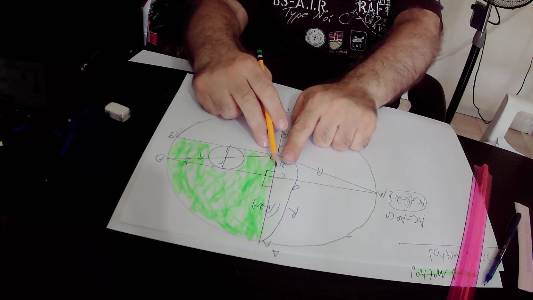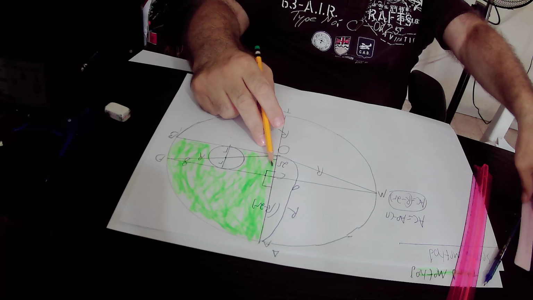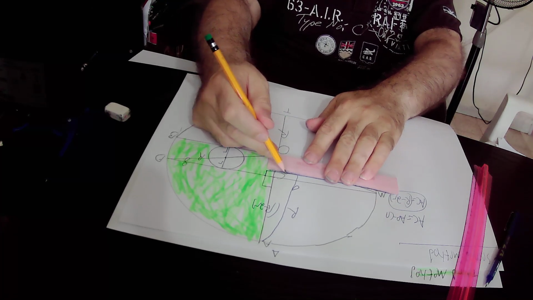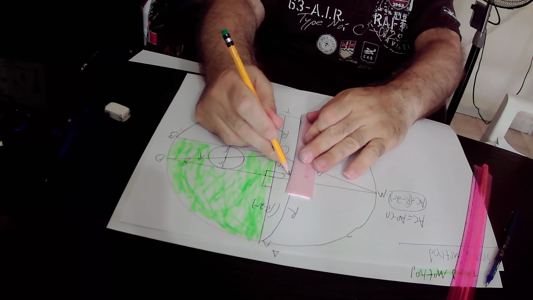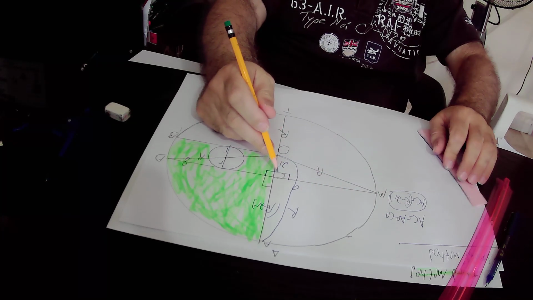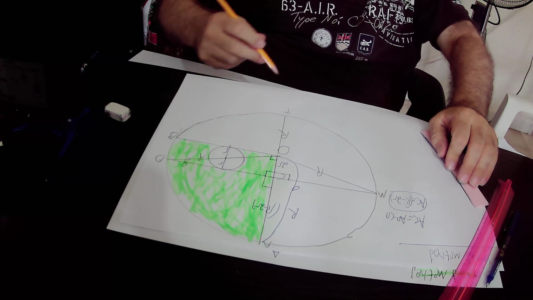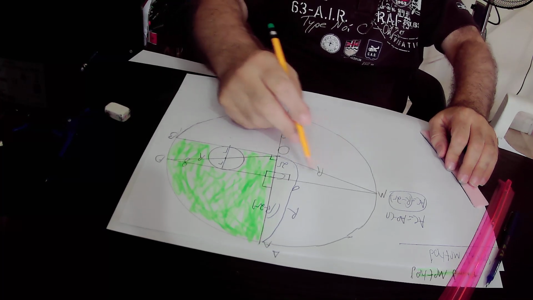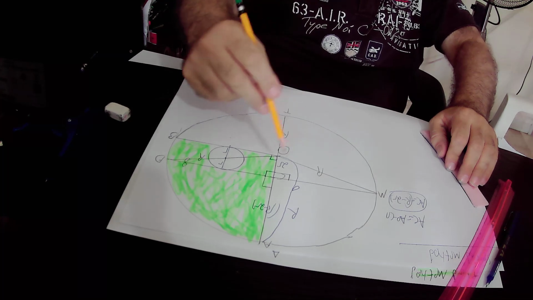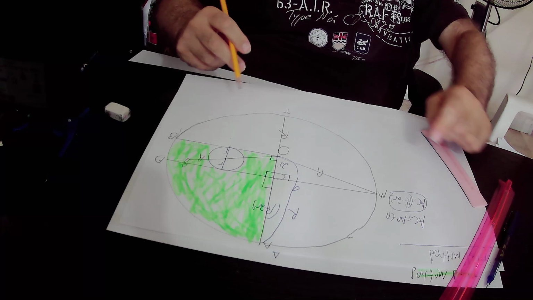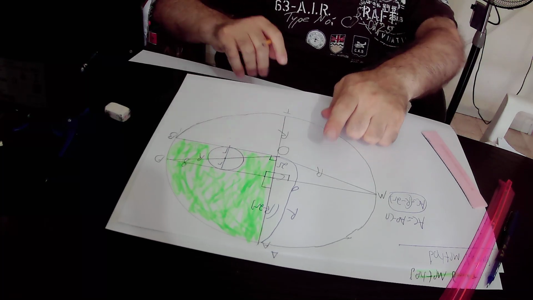Therefore, the missing angle here must be equal to 90 degrees. So actually we created here two right angles, the right angle CMO and the right angle CDO. We prove that those two right triangles are congruent.